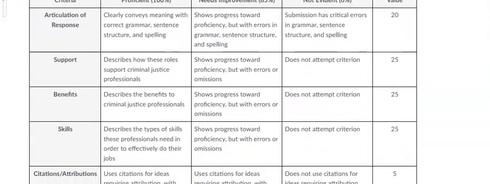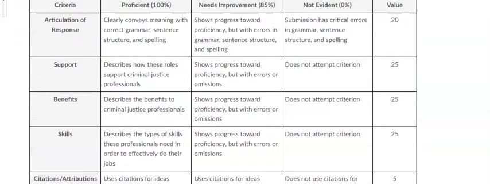Here's your rubric. Scroll all the way down. Articulation of response clearly conveys meaning with correct grammar, sentence structure, and spelling. Be very careful. Avoid saying "I feel" and "I think." Avoid slang. And how do you do that? Well, unfortunately or fortunately, it comes from reading and adopting, mimicking the language that people in our business utilize.